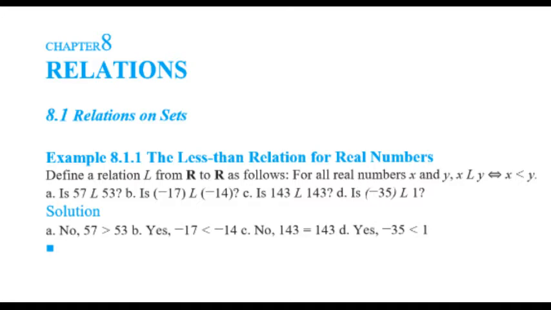In a similar way, we can say 143 is not related to itself by relation L because 143 is equal to 143, and similarly we can say negative 35 is related to 1 by L because negative 35 is less than 1. So this is a very simple example of relation from the set of real numbers to the set of real numbers that we all are familiar with and we use it every day.